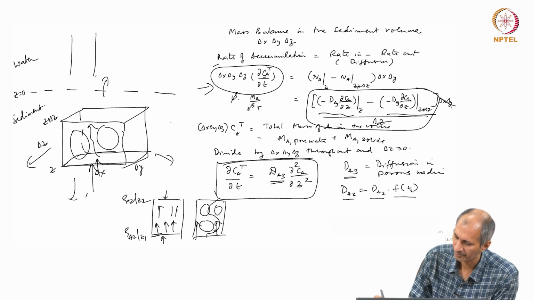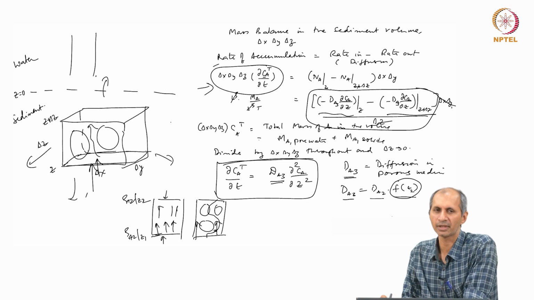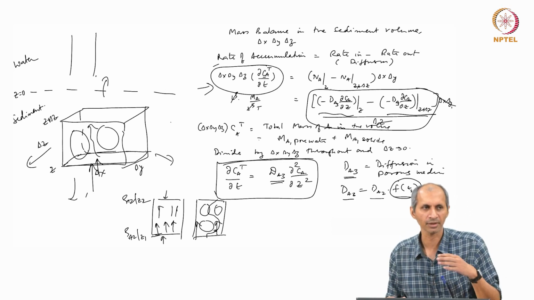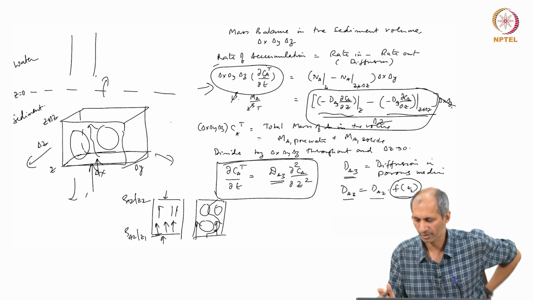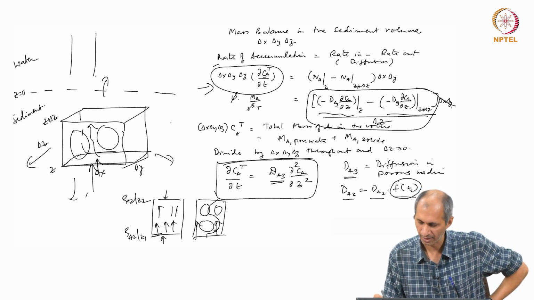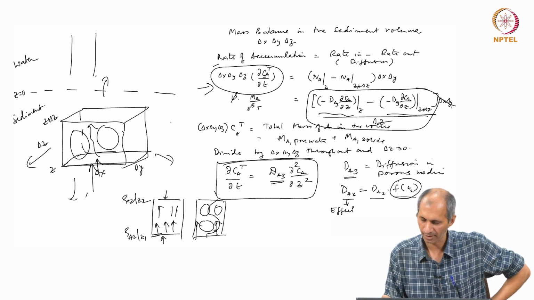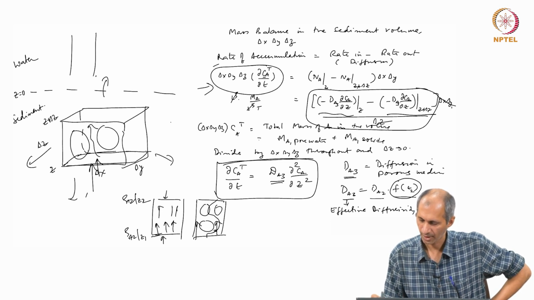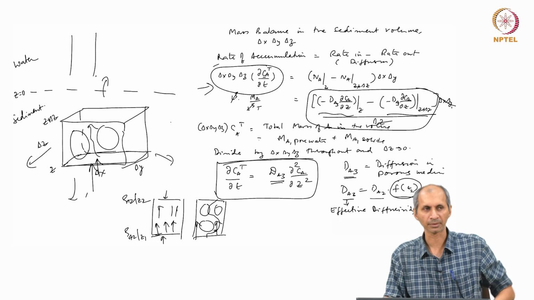So this function here therefore reduces the effective diffusion of a material across a porous medium. Okay, this is a simple explanation. This is called effective diffusivity in a porous media, and this is a function of the porosity.